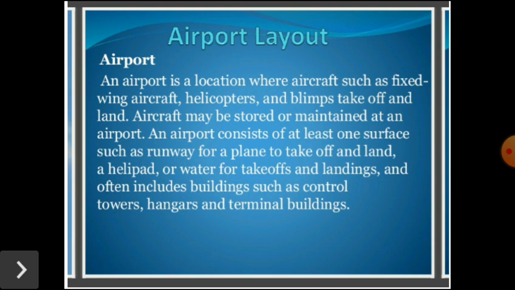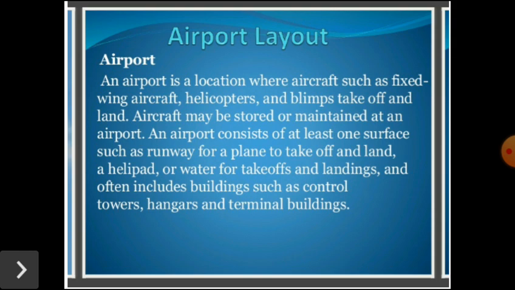In this video, we will discuss the airport layout. Before going to see the layout, what is an airport? It is a location where aircraft such as fixed wing aircraft, helicopters, and blimps take off and land. Aircraft may be stored or maintained at an airport.